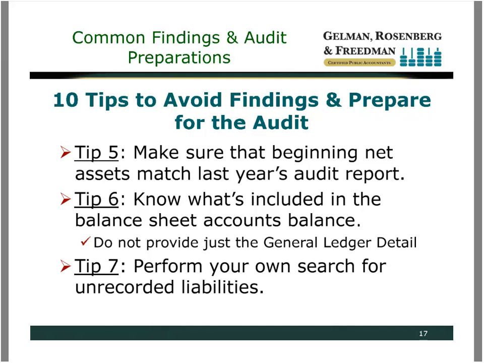We started talking about this earlier in accounts payable. One of the most common things we find is, let's say you're a December year end, we're pulling checks from January through when we're out in field work, so after your fiscal year end.